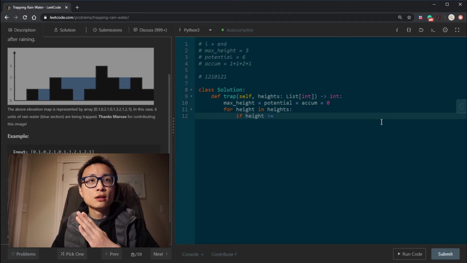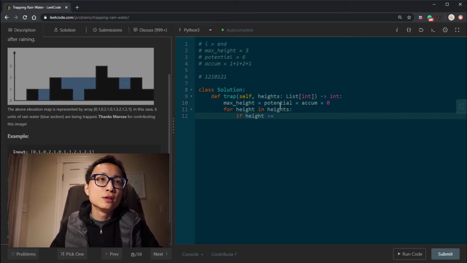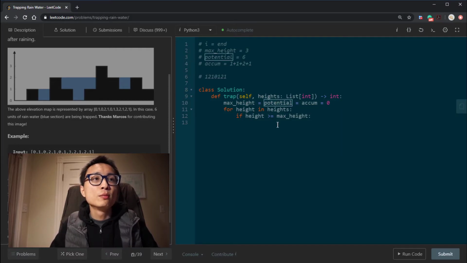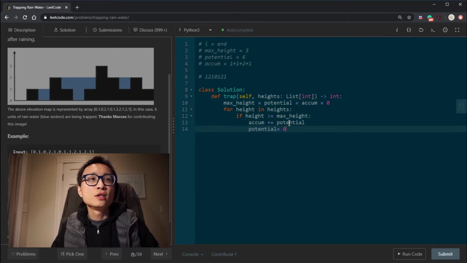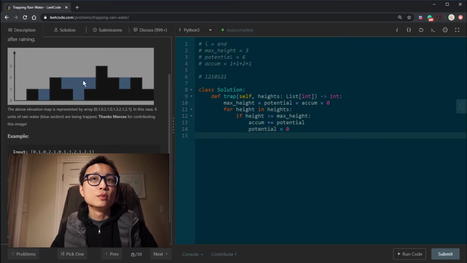this is the left-to-right pass, so we use greater than or equal to. In the latter right-to-left pass, we're going to use strictly greater than. If it's greater than the current maximum, that means we can move the potential onto the accumulator. And we have to reset the potential to 0, because we're effectively looking at a new pond, a new dip, a new water trap, a concave kind of shape.